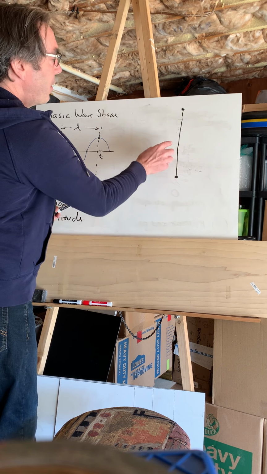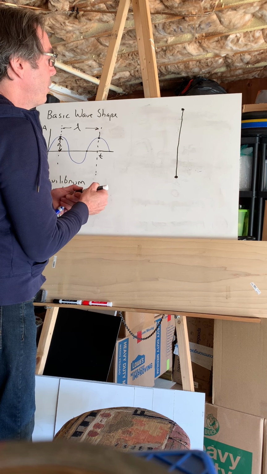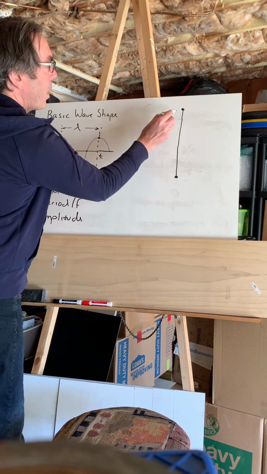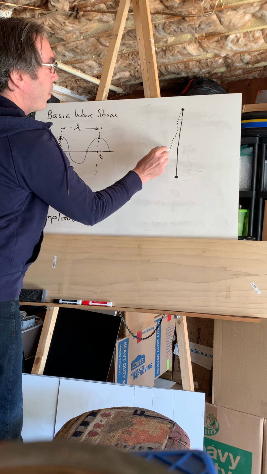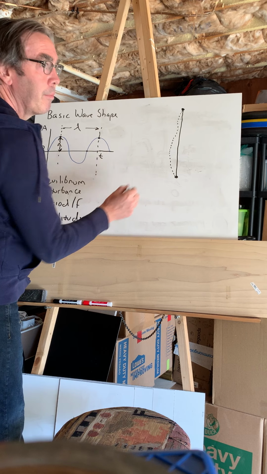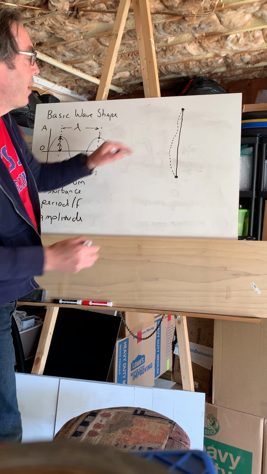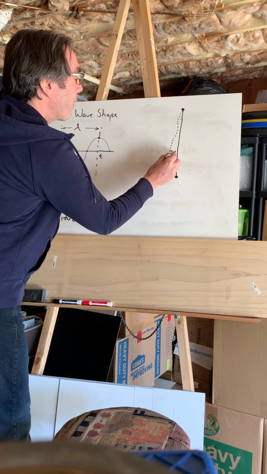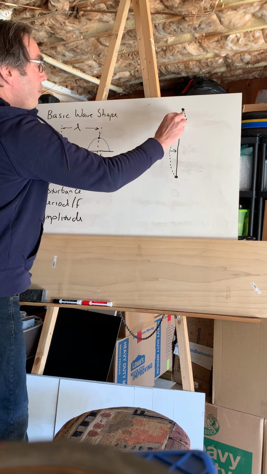When a person either draws the bow across the string or pulls at it with the pick, the string is pulled away from equilibrium like that. Then, by its elasticity, the tension in it, it's going to be driven back. That's the restoring force. When it hits equilibrium, it will overshoot.